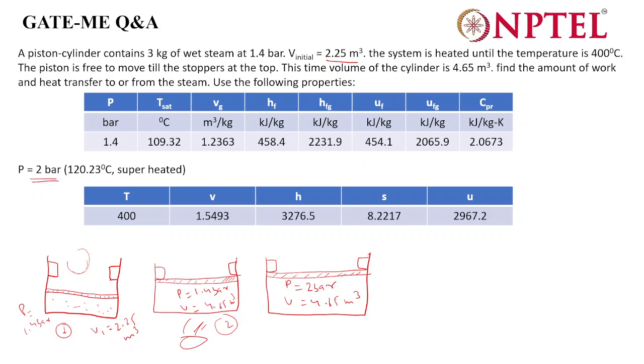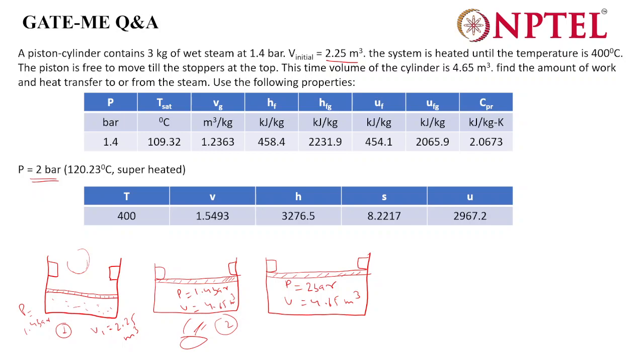Since V initial is given, we can find the specific volume at the initial state. Then the final volume is also given, V3. With the initial volume, we can get the specific volume.